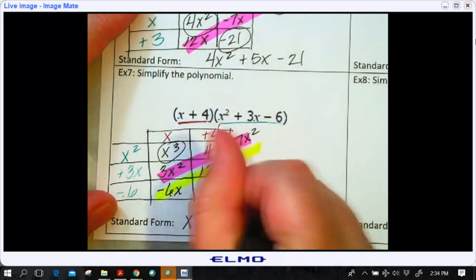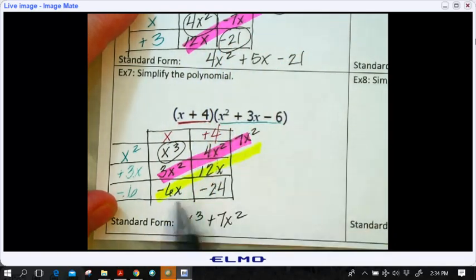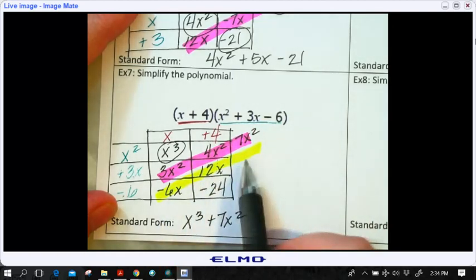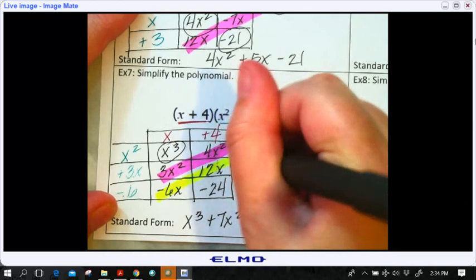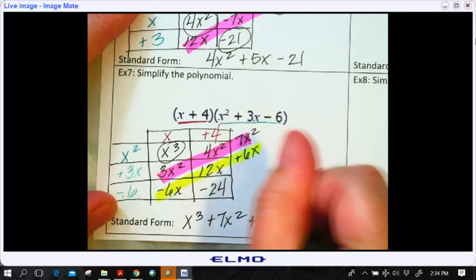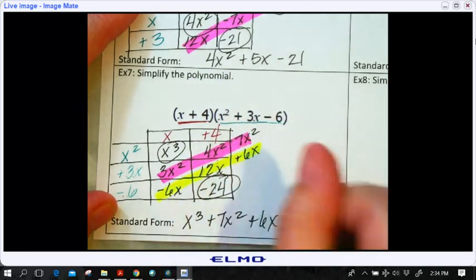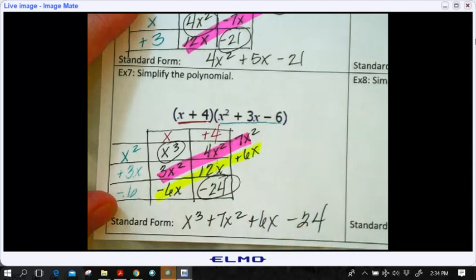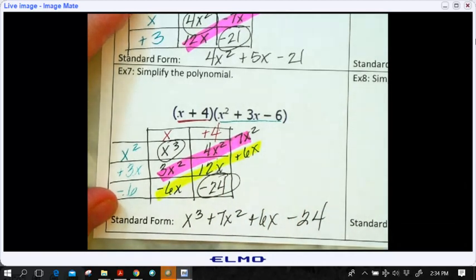So plus 7x squared. Okay. Negative 6x plus 12x gives me a positive 6x. And then I've got negative 24. And so I have written this in standard form. Excellent, excellent job.